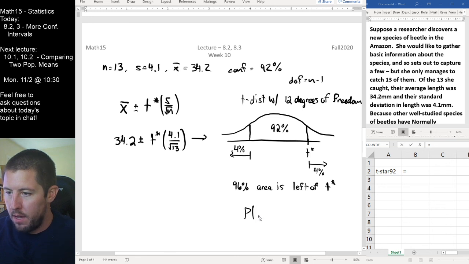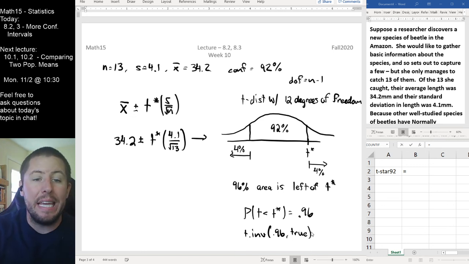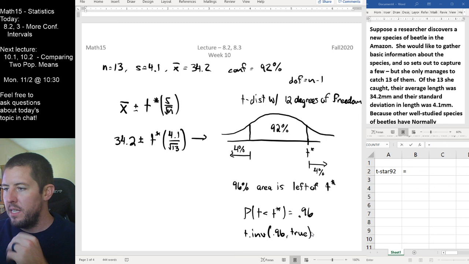So maybe let's say the probability that our t value is less than T star equals 0.96. Let's use t dot inv, 0.96, true. We're going to do the inverse because we've been given the probability. We want to know the t value.